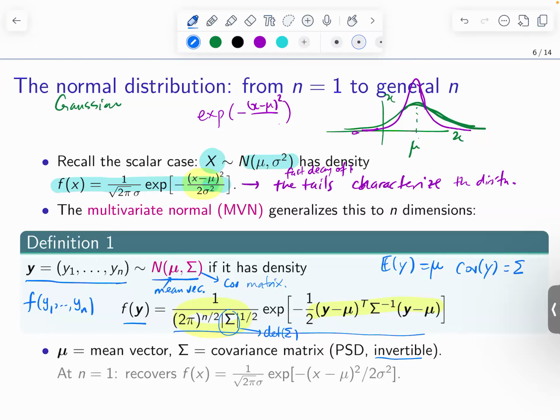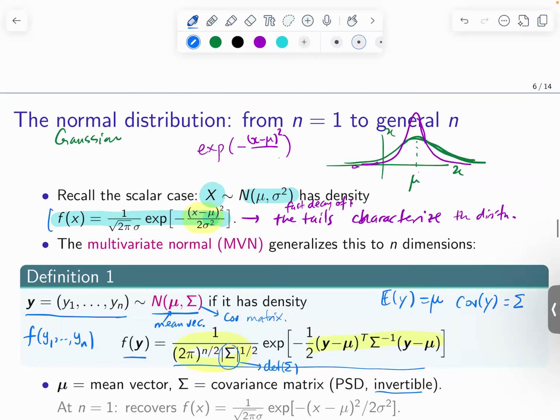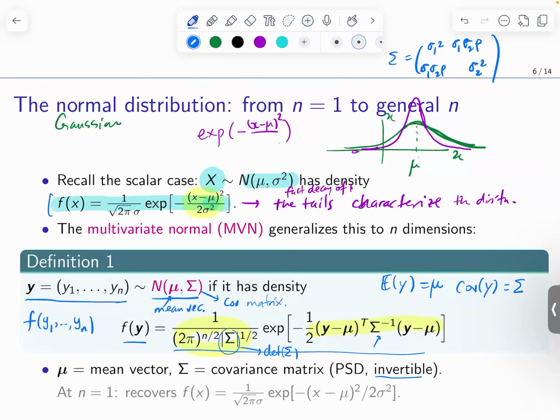And if you look at the one-dimensional case, it recovers the formula that we have in the 1D case. And if you have seen the bivariate normal, if you write sigma as sigma 1 squared, rho sigma 1 sigma 2, rho sigma 1 sigma 2, sigma 2 squared, where rho is the correlation coefficient, and then invert it and replace this inverse with that inverse, you get the formula that people write down for the bivariate normal.